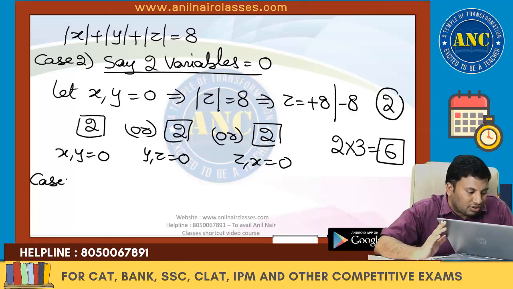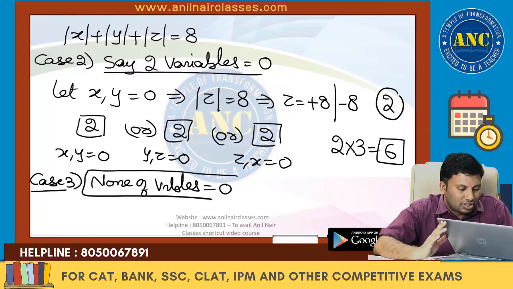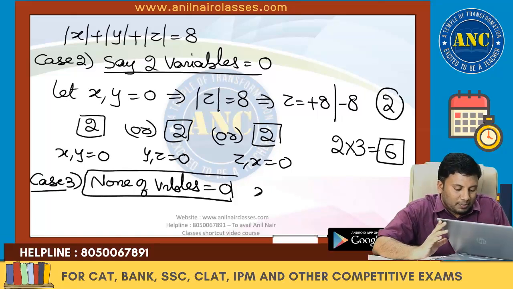Case number 3. None of the variables is equivalent to 0. If none of the variables is equivalent to 0, x plus y plus z is equivalent to 8.